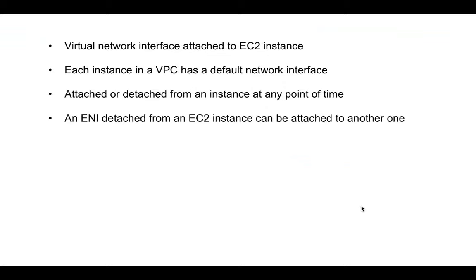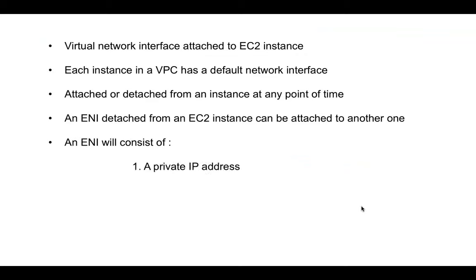However, if we talk about the network interfaces, we can only play around within an AZ, or availability zone. So the failover scope is lesser as compared to the elastic IPs, because with the elastic IPs we can perform the failover within the entire region, but the network interface is restricted within a single AZ. So the scope is very much less.